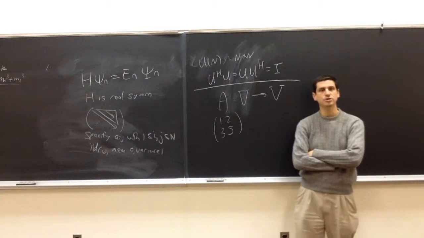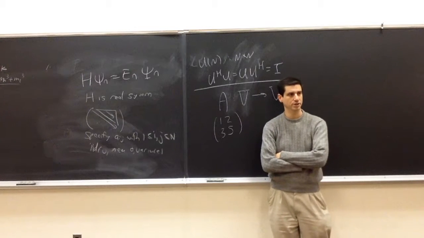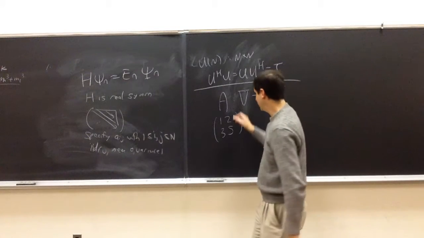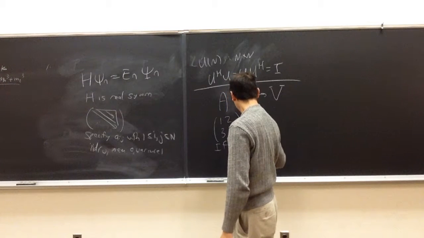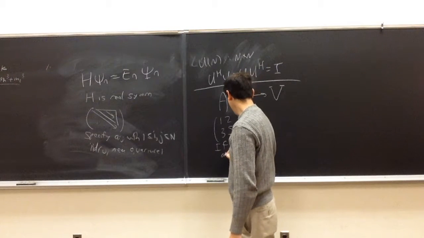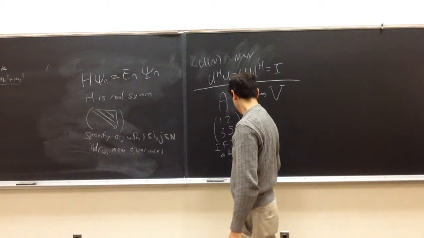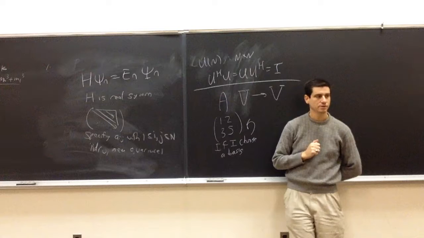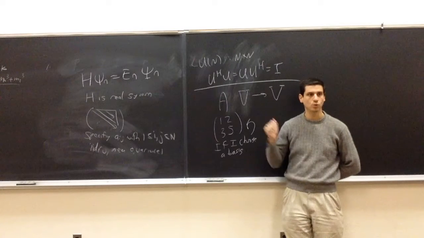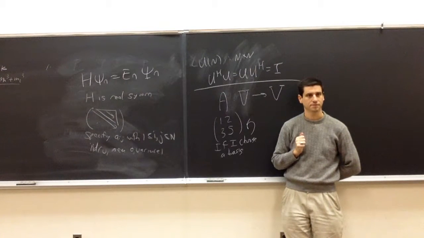It's a transformation with a basis attached to it. I can only write it down like this if I choose a basis. If I choose a basis, I can write it down. But in general, I do not know what it's going to look like. Different matrices will look very different in different bases.